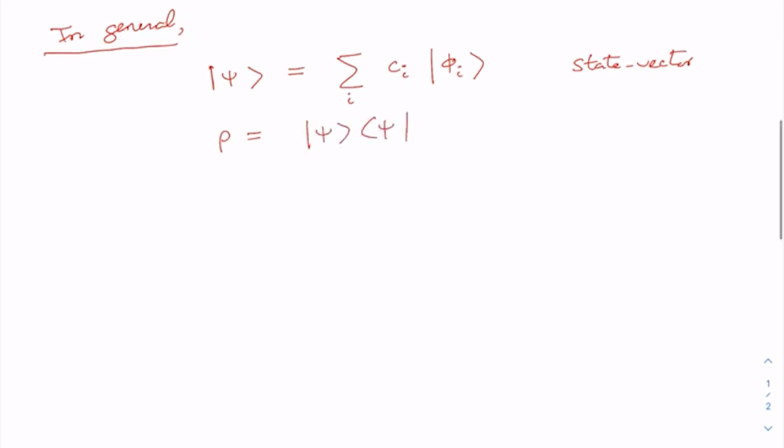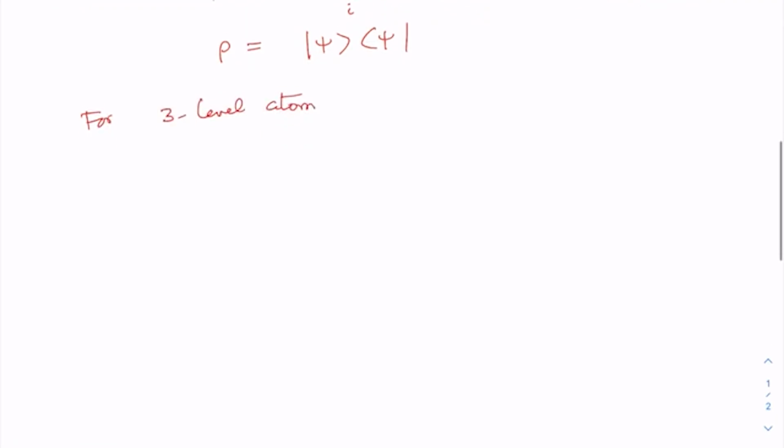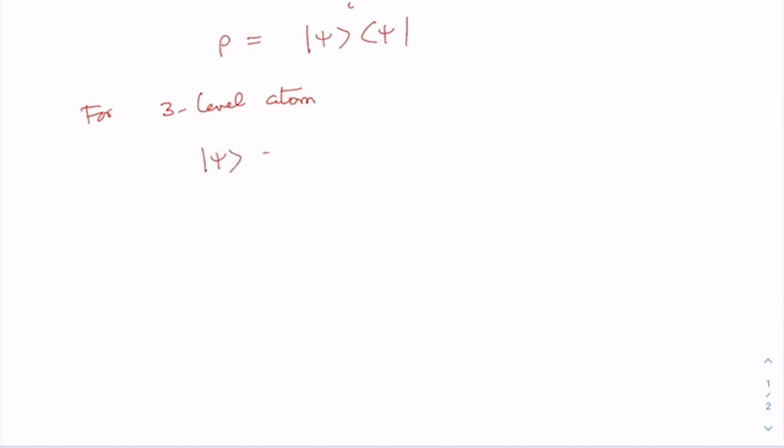For example, for a three-level atom, the state vector psi would be the sum from i equal to 1 to 3 of Ci phi i, where phi i's are the eigenstates.